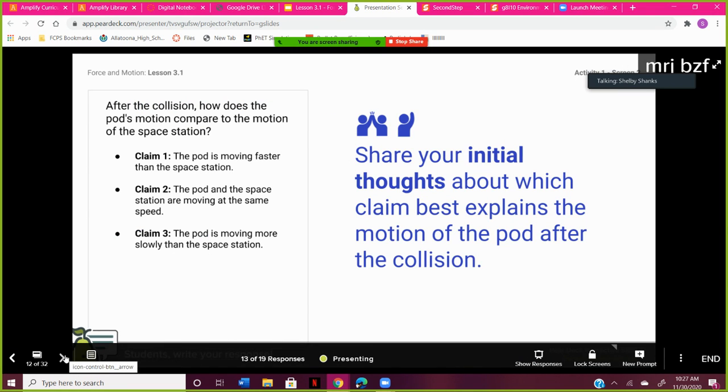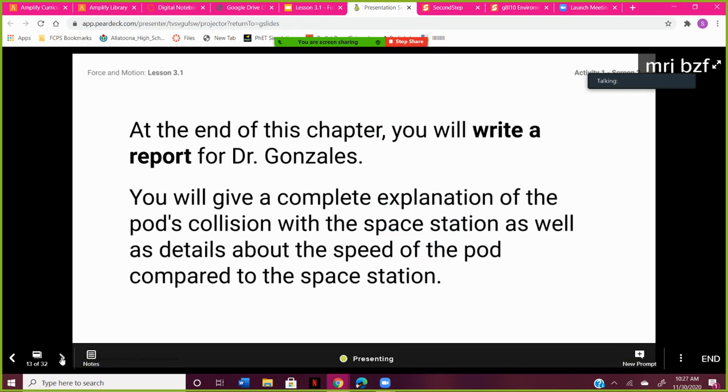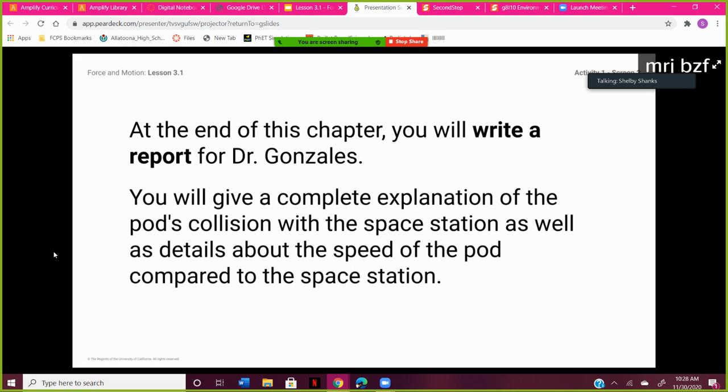Later on in this chapter, we will eventually support one of these claims. At the end of this chapter, you're going to write a report for Dr. Gonzalez. You will give a complete explanation of the pod's collision with the space station, as well as details about the speed of the pod compared to the space station.